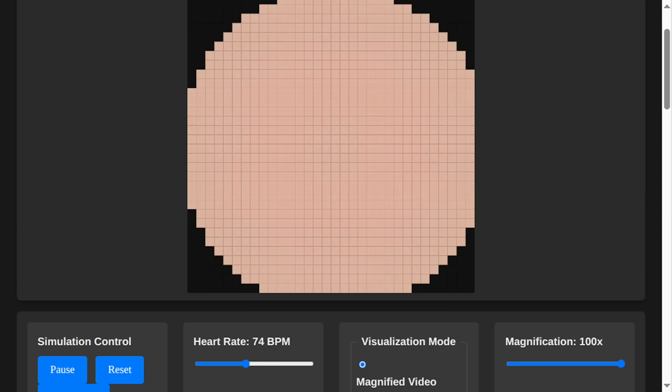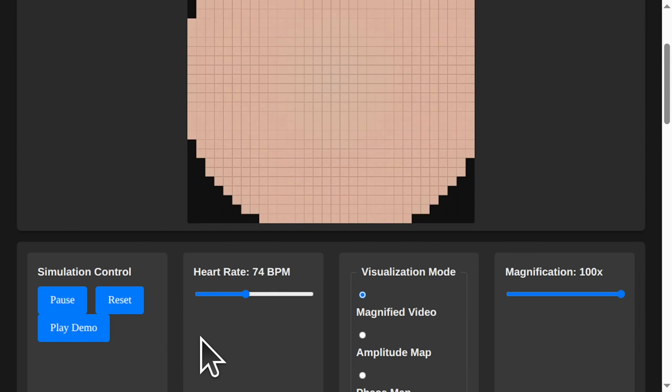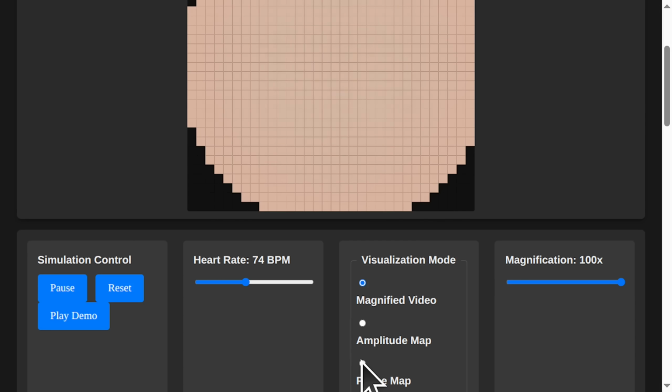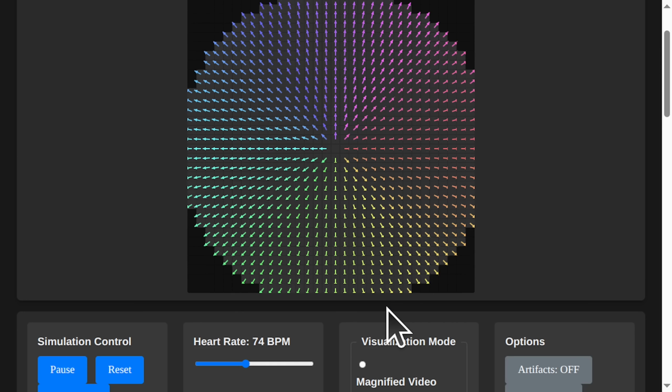Okay, so if my skin were a rock band, the phase map is the light show that's perfectly synced to the drum solo of my heart. I can respect that. Which brings us to the velocity field, the little arrows. The grand finale. By looking at how the phase, the timing, changes between two adjacent points, we can calculate the direction and speed of the wave. That's the gradient. We're literally calculating the flow of the ripples. So it's a bunch of tiny caffeinated ants all pointing in the direction the blood is going.